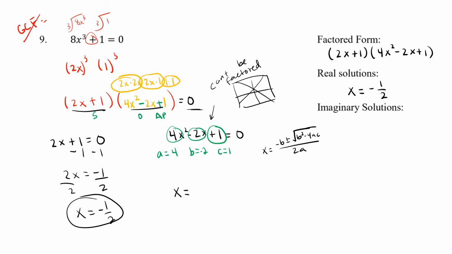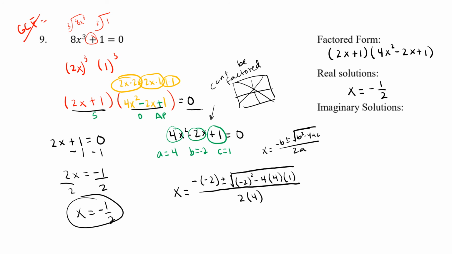So I'm going to set it up. Negative b, that'd be negative 2, plus or minus the square root of b squared, that's negative 2 squared, minus 4 times a, which is 4, times c, which is 1, all of that over 2a, which is 2 times 4.